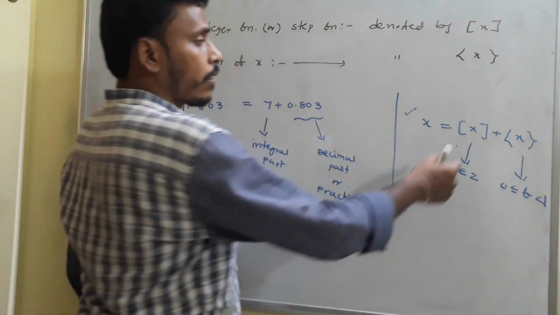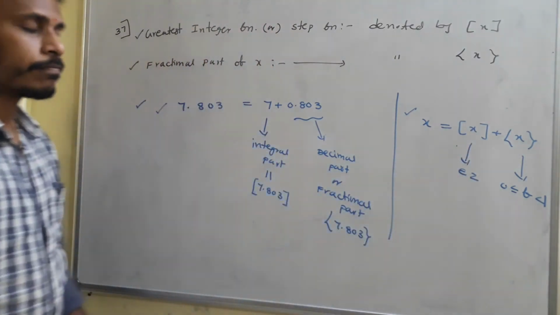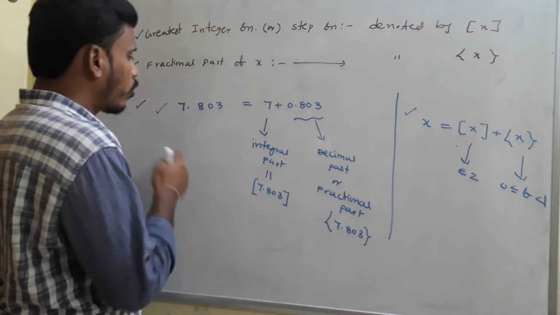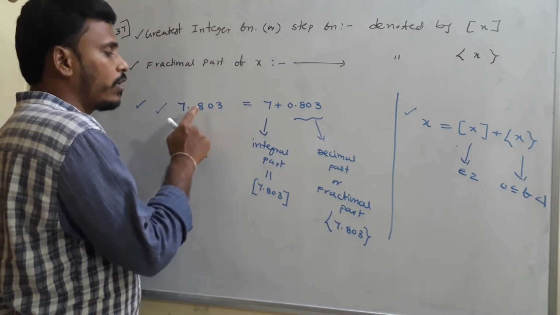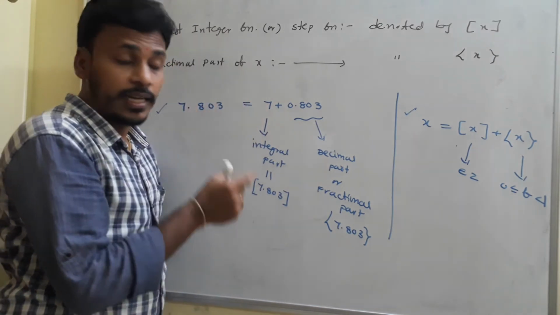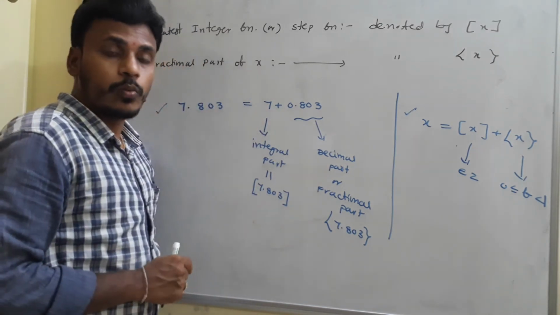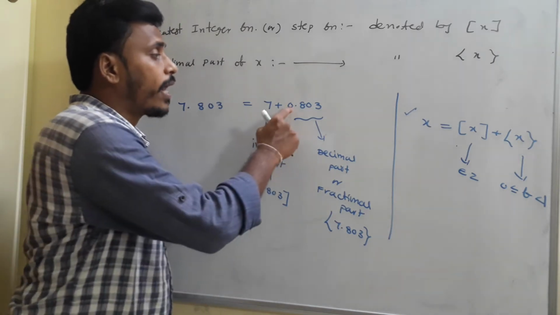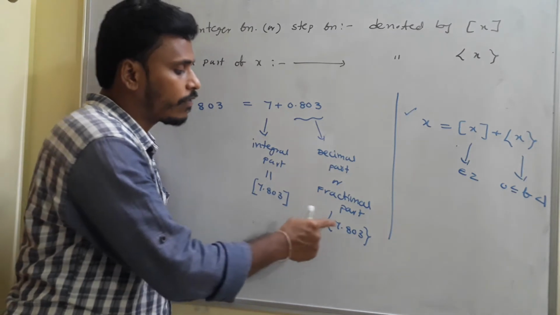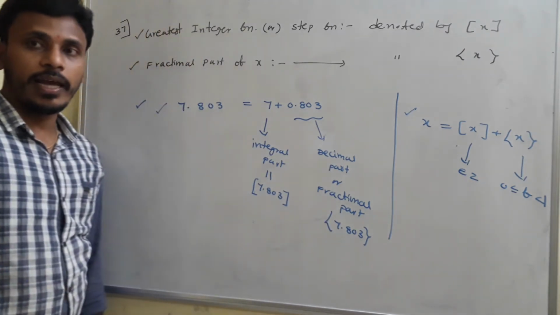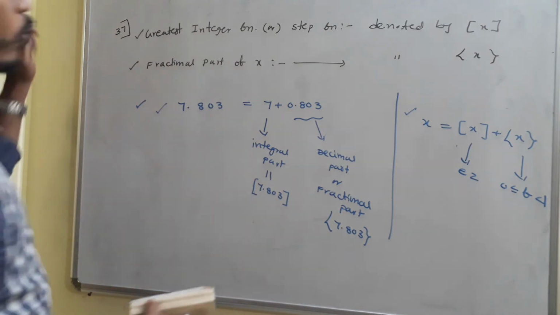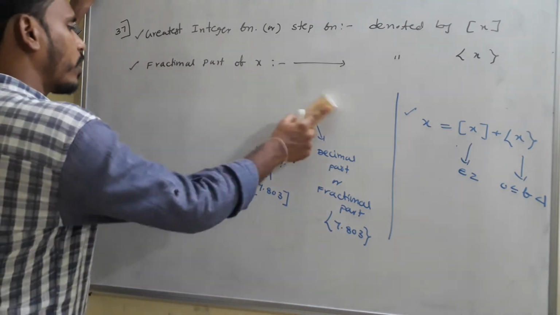So for this particular number 7.803, when you express it as 7 plus 0.803, this 7 is the integral part, denoted by the square bracket of 7.803, whereas this 0.803 is the decimal part or the fractional part, denoted by the flower bracket of 7.803. Let us discuss some more ideas on how to calculate [x] and the fractional part of x for some numbers.